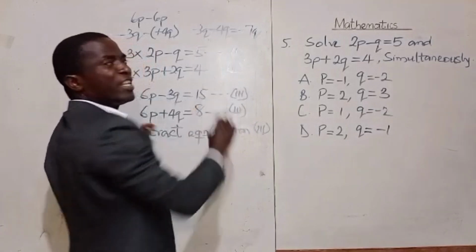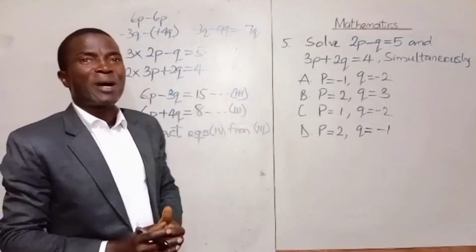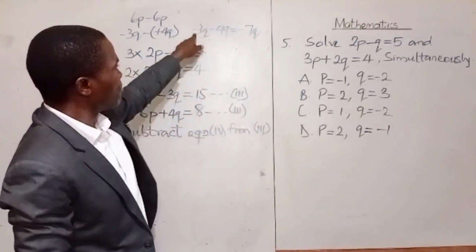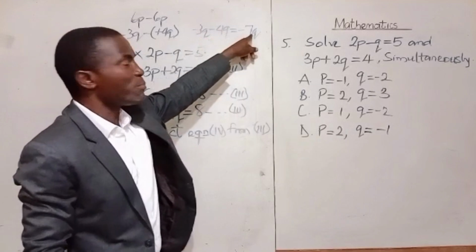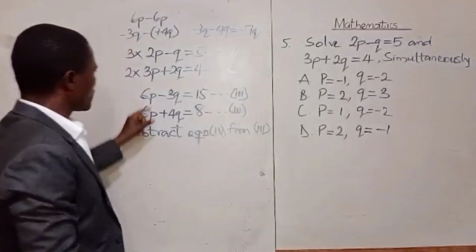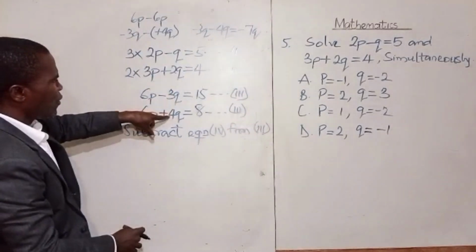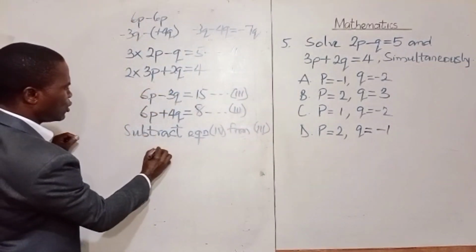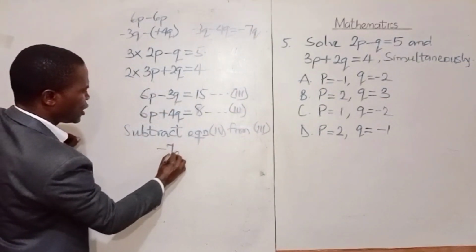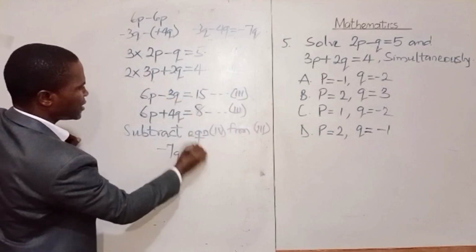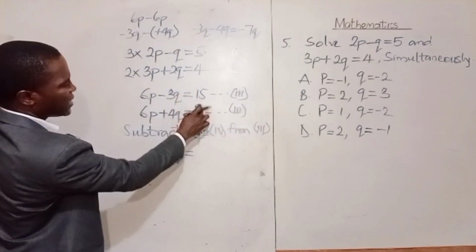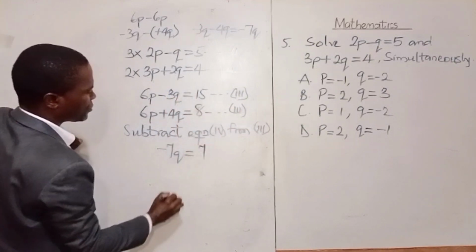I have to put minus there to indicate that that is the amount I am owing. Minus 3 minus 4 gives us minus 7q. Since we are subtracting equation 4 from equation 3, the result is going to be minus 7q. Then 15 minus 8 gives us 7.